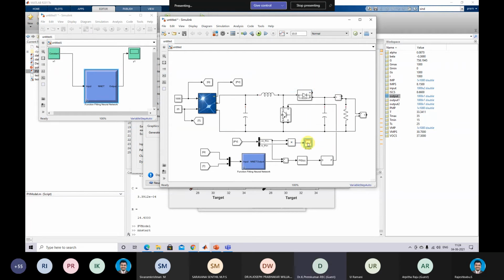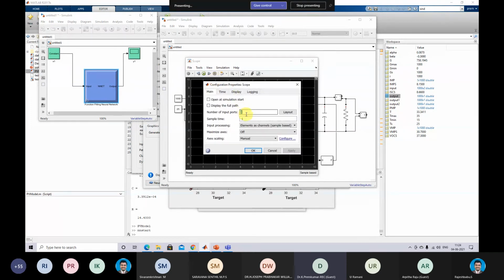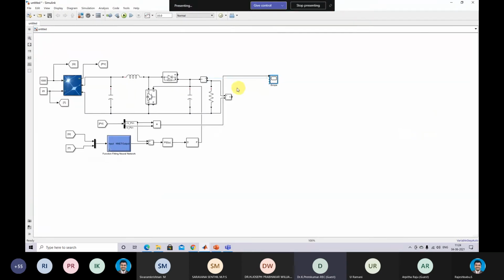So we can see the power of that PV panel and the power at the output load side, and then you can see the voltage of the PV panel and the voltage of the load. So these things are implemented here.